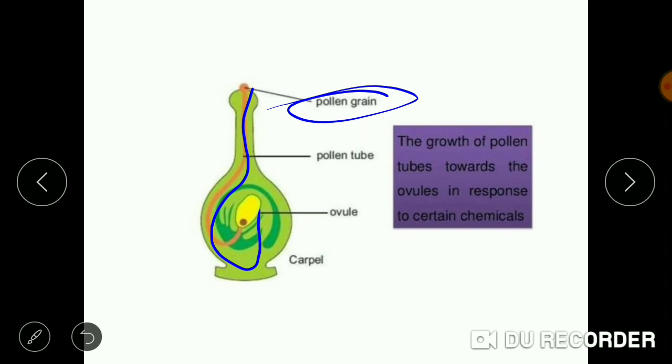This happens because certain chemical substances are released by the egg present in the ovary, which attract the pollen tube towards it. So, hence the pollen tube is growing in the direction of the chemical substance. It is showing positive chemotropism.